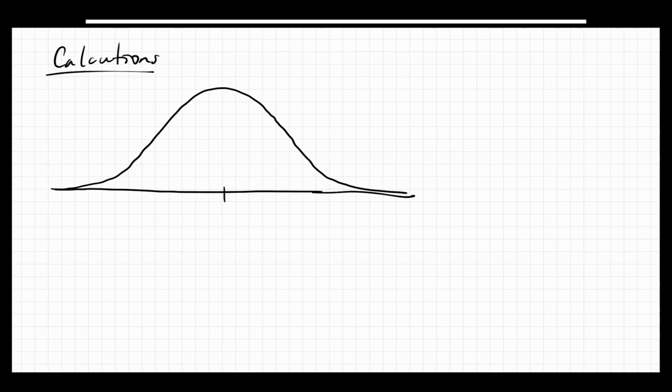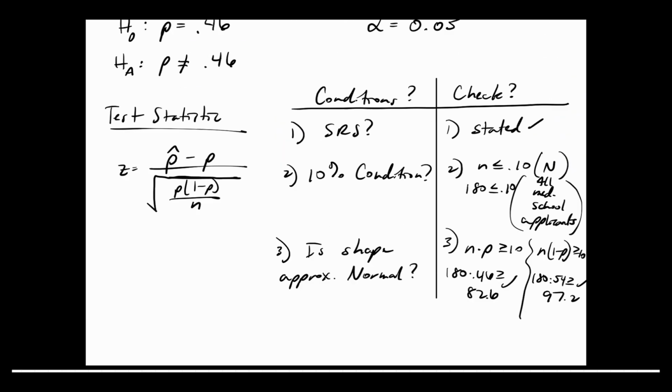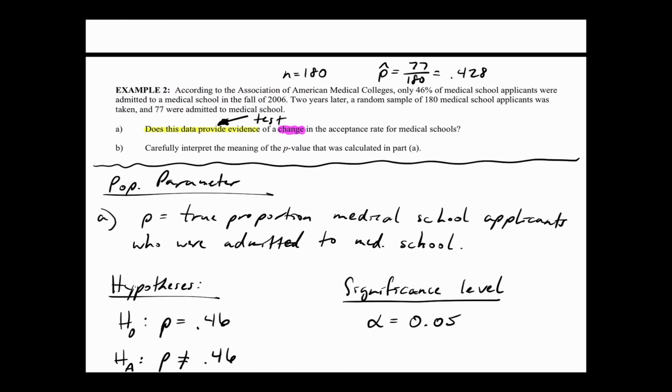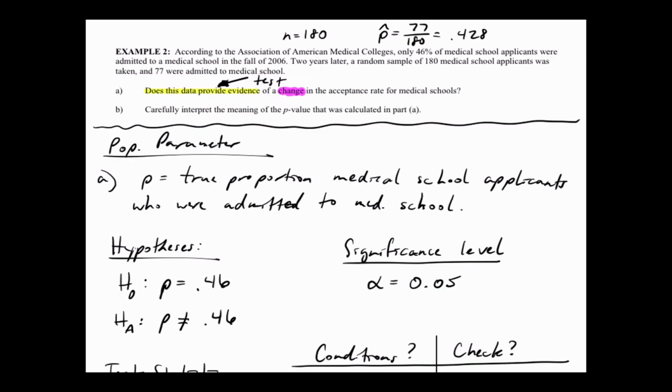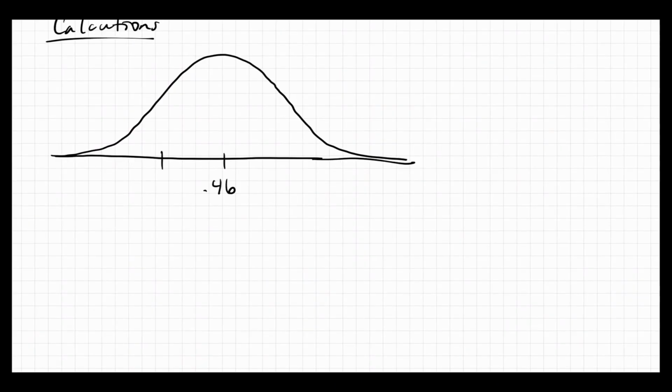Okay. So what value is going to go in the middle? 0.46. Yep, the claim. Claim always goes there. Now, the sample was a little bit smaller, 0.428. So that's going to be here.